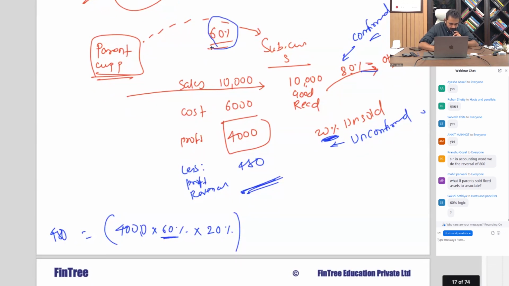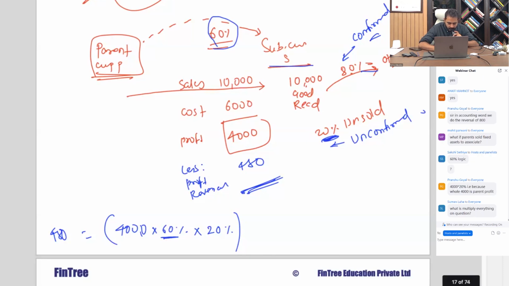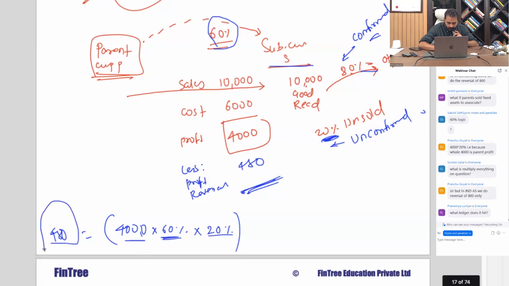The logic is, since I own 60% of the subsidiary, 60% of the subsidiary is me. So I cannot make profit by selling goods to myself. What is multiply everything on the question? The amount of profit reversal is multiplying everything. 4,000 into 60% into 20%, that's the amount of profit we need to reverse, 480.